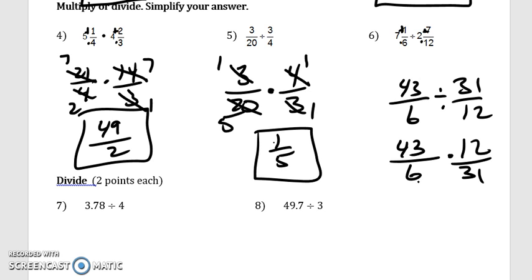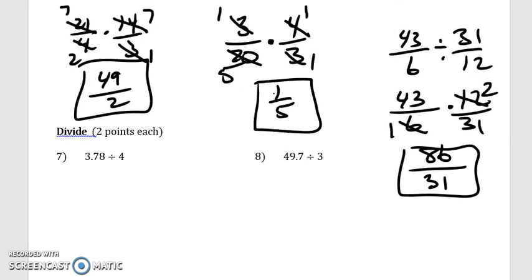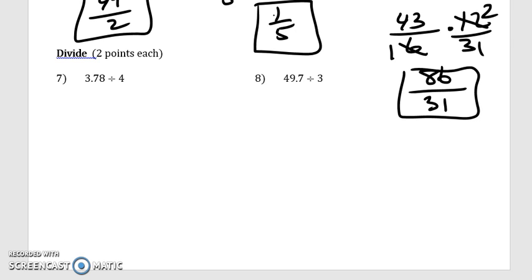I see the cross division. I can take out a 6 out of each of them. So divide them both by 6. Nothing here. 43 times 2 is 86. 1 times 31, 31. 86/31. And you're done. Again, you could convert into a mixed number, but since nothing comes out of 86 and 31, we can stop right there.